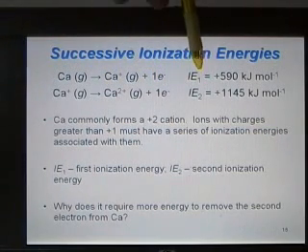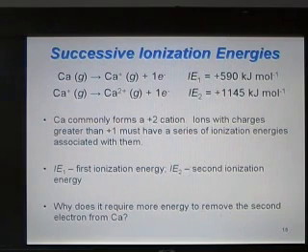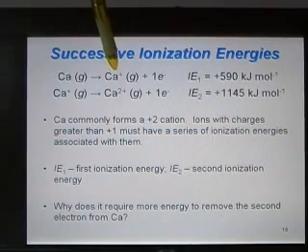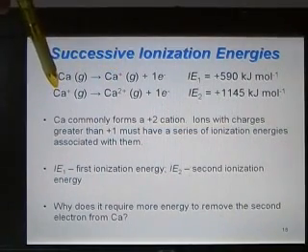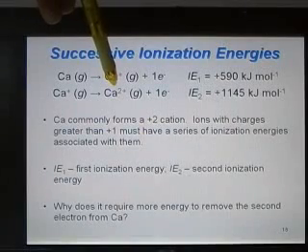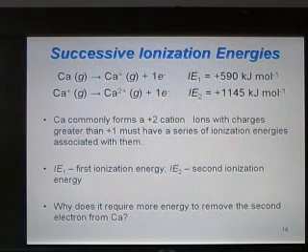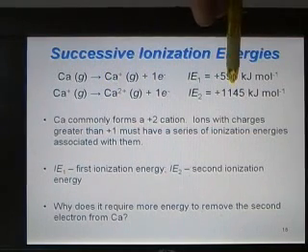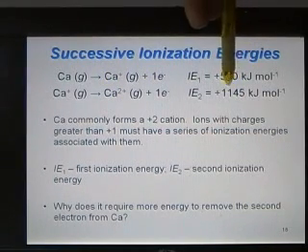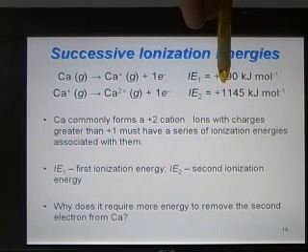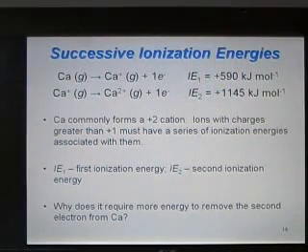And that has an ionization energy associated with it of positive 590 kilojoules per mole. In the second step, we take calcium 1+ from our first step and remove 1 more electron, making calcium 2+ gas. It also has an ionization energy associated with it of 1,145 kilojoules per mole.